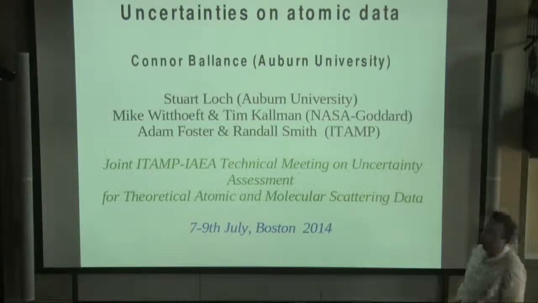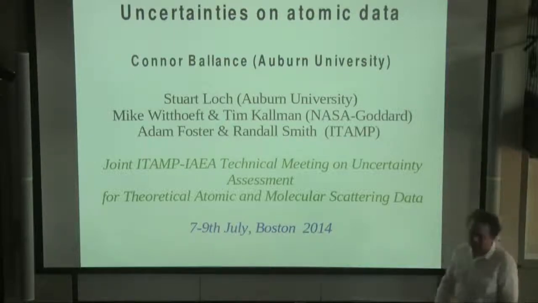But today, rather than give a survey of what uncertainties there are in light species, medium species, up to relativistic and heavy species such as tungsten, I'm going to use as my example helium-like oxygen, a very simple case, but I'm going to consider all the collisional processes that go into that and how we're assigning uncertainty to it, both from a first step approach, which we call the baseline, and another approach which we call the method sensitivity, but I'll get to that.